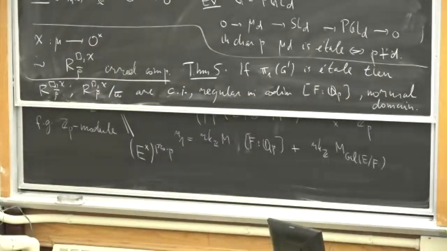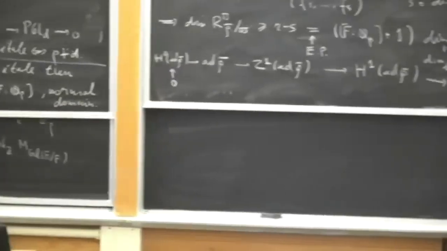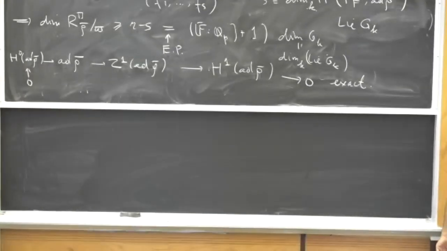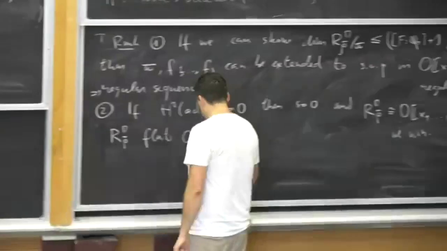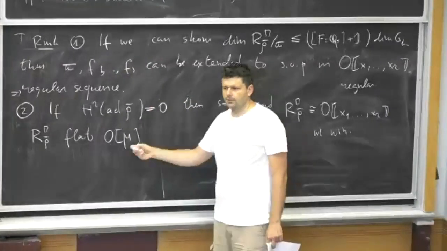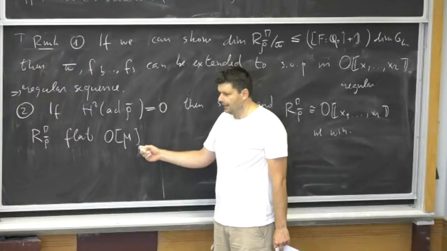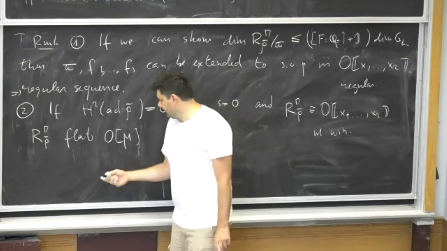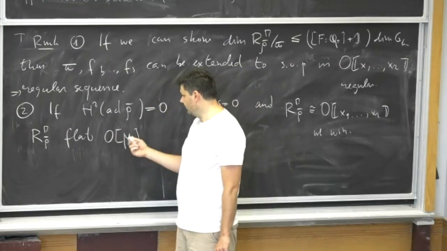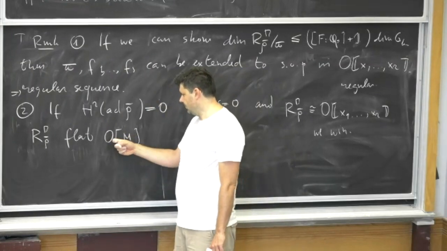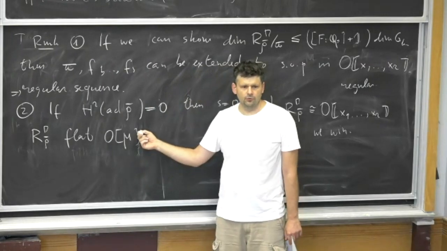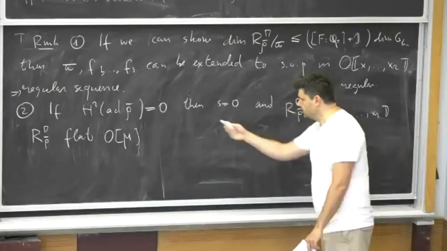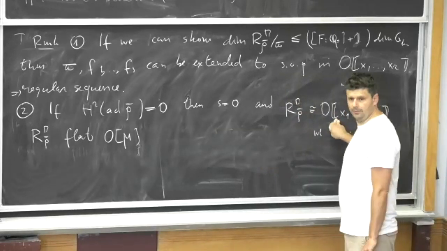So we know that this is going to be flat over the group algebra of this finite abelian group, and this means that the special fiber will be flat over this, and this is something non-reduced, right? So if you get lots of roots of unity, you know that this cannot happen.